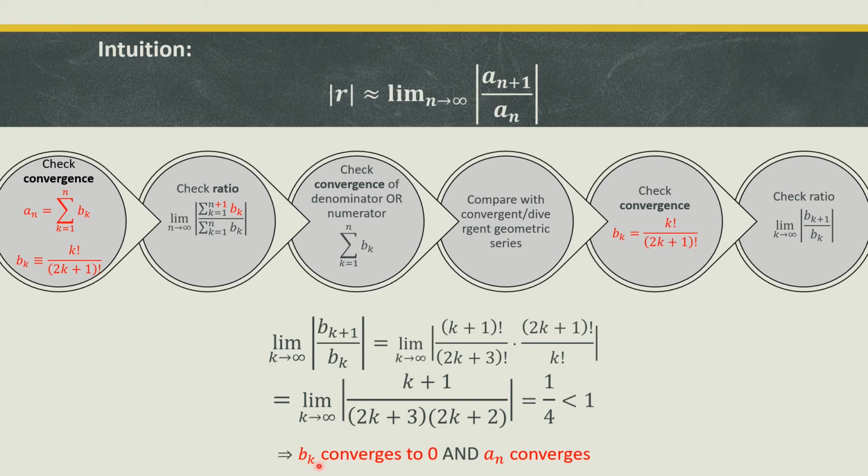And the reason for that is because this conclusion is based on this ratio test. Because we are using this ratio test here, this conclusion is only applicable to b sub k. For a sub n, we are not using this ratio test. We are just using b sub k and this chain of reasoning. And that's why we cannot say that a sub n converges to 0. We can only say that a sub n converges.